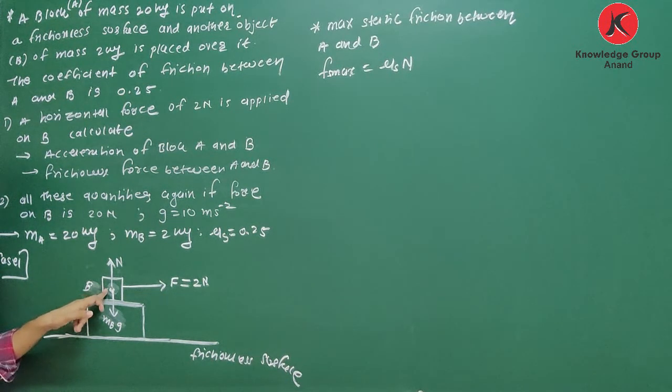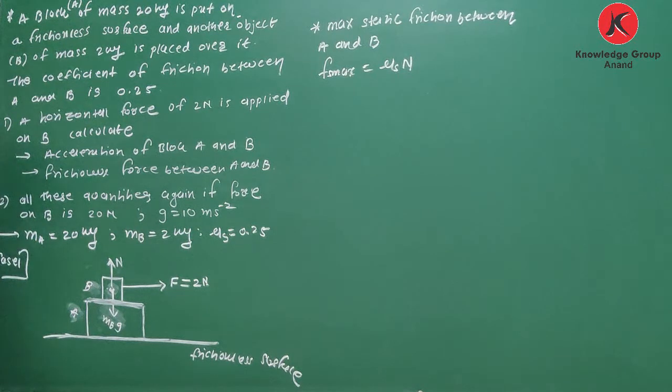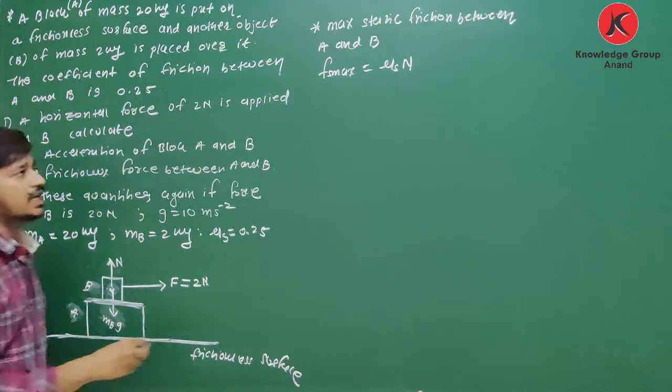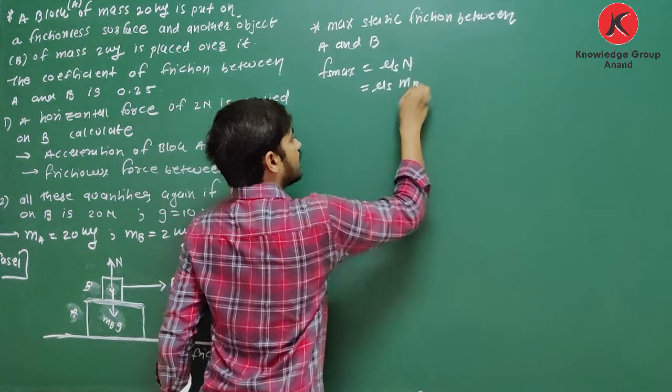By Newton's third law of motion, this block will also exert a reaction N. So as I want to find maximum static friction between these two surfaces, as N I have to consider MBG.